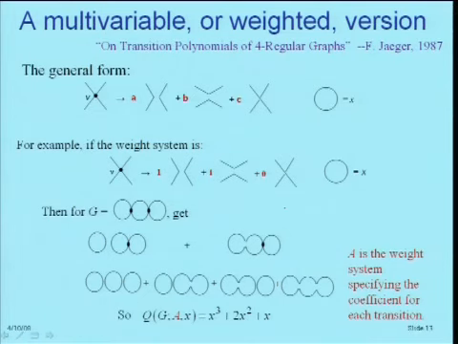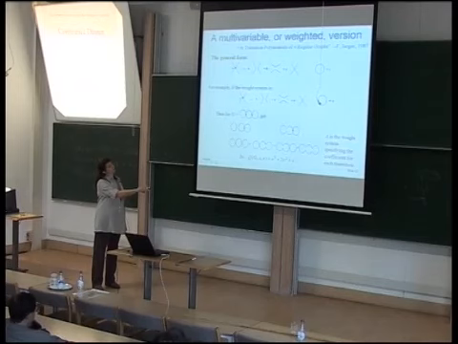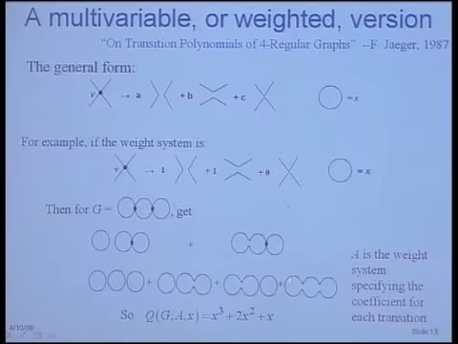And then you do it again at this vertex, you get this one and this one for the two ways of splitting it, this one and this one for the two ways of splitting it, and then you just count components, an x cubed, 2x squared, and an x. So that's how this works.